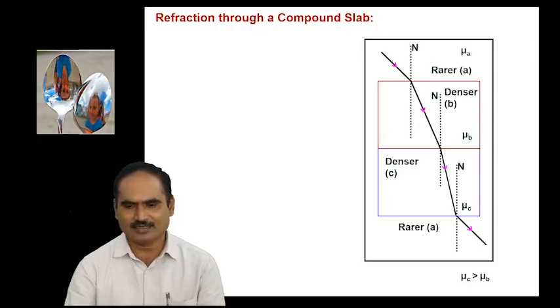Here, the light ray travels from air to one slab and to another slab and to air. Then it emerges. Then a lateral shift will take place regularly when it travels from one interface to another interface. So it will be like this: I1, R1, where I1 is the angle of incidence.